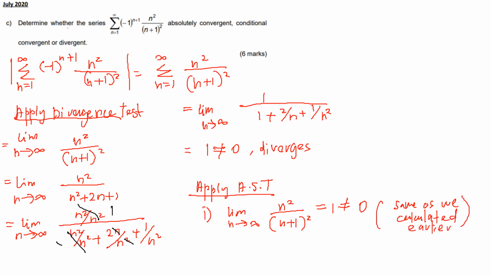It means that rule 1, or condition 1, is not satisfied, or fails. The first condition fails. So if rule 1 fails, you don't need to do the second condition.